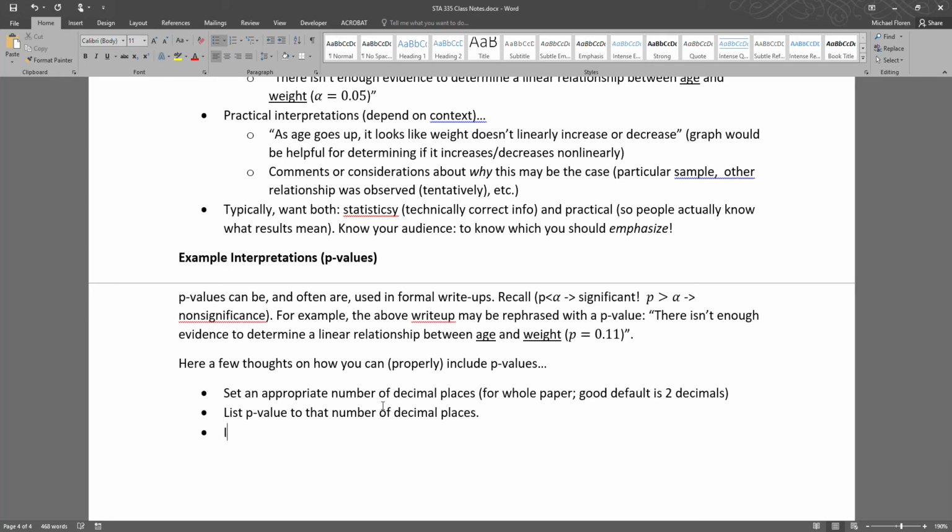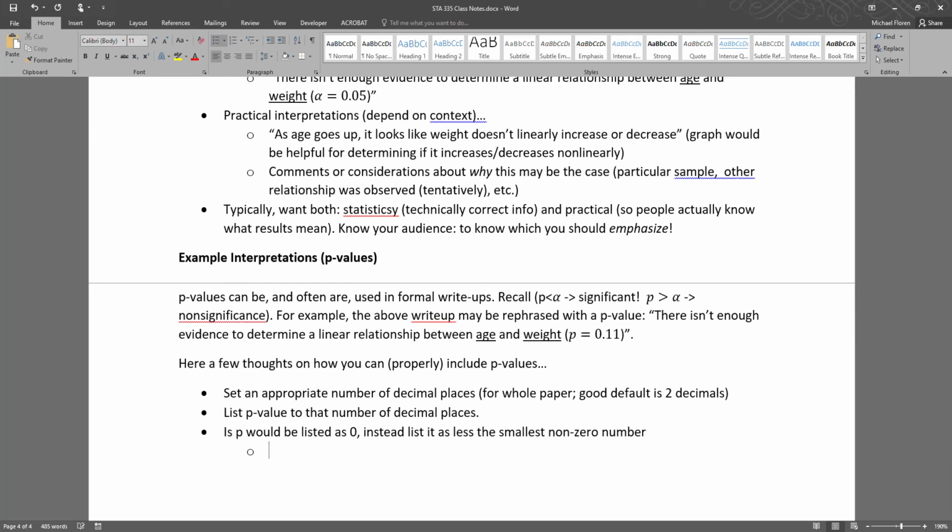One of the tricks, though, is if p would be listed as 0. If p would be listed as 0, so here I might have p equals 0.00, then instead list it as less than the smallest non-zero number. And that sounds complicated.